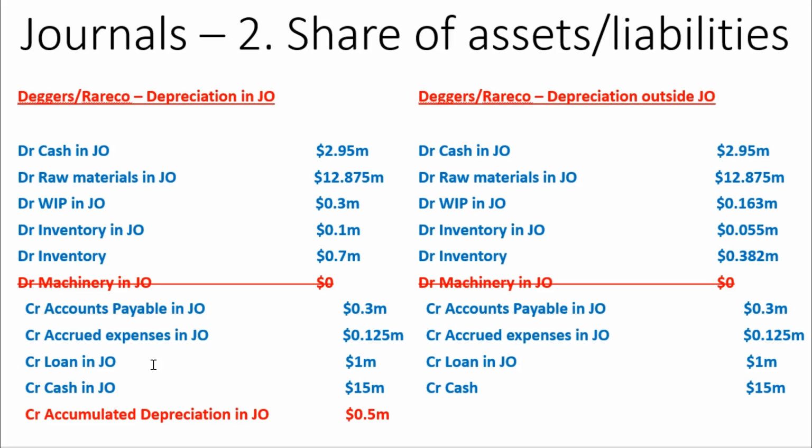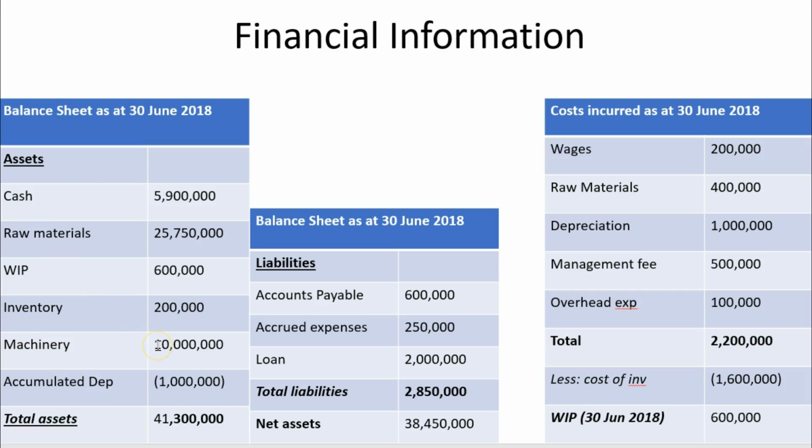And so we have already recognized this $10 million of machinery in our original contribution journal entries. So we don't need to re-recognize it again, right? So $10 million was contributed. There's $10 million in our balance sheet, so we know that we have already recognized that amount.